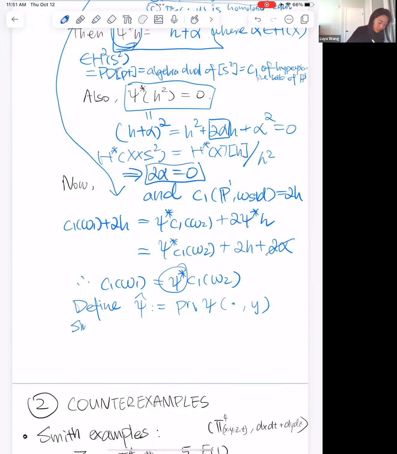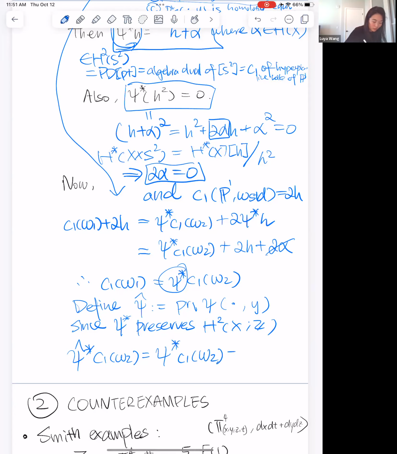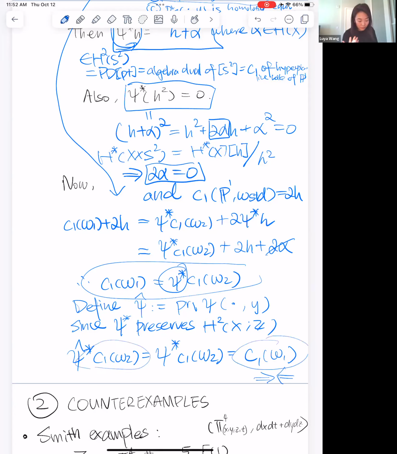Then since we know by assumption that psi is in GXY, psi preserves H2 of X, Z. So this gives us that psi hat of C1 of omega equals psi pull back C1 of omega 2. And now we can use this to tell us C1 omega 1. Okay, so this is a contradiction, because we assume that on the four-manifold level, these cannot lie in the same orbit of homology equivalence.